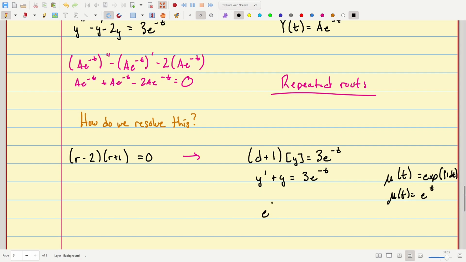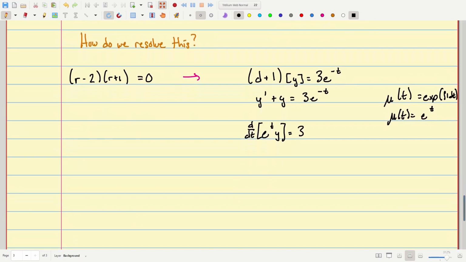If we use the integrating factor, we get e to the t y, a derivative of that expression, that's going to be equal to 3. Integrate both sides: three t plus a constant. Then we divide by e to the t, and we get 3t e to the minus t plus c e to the minus t.